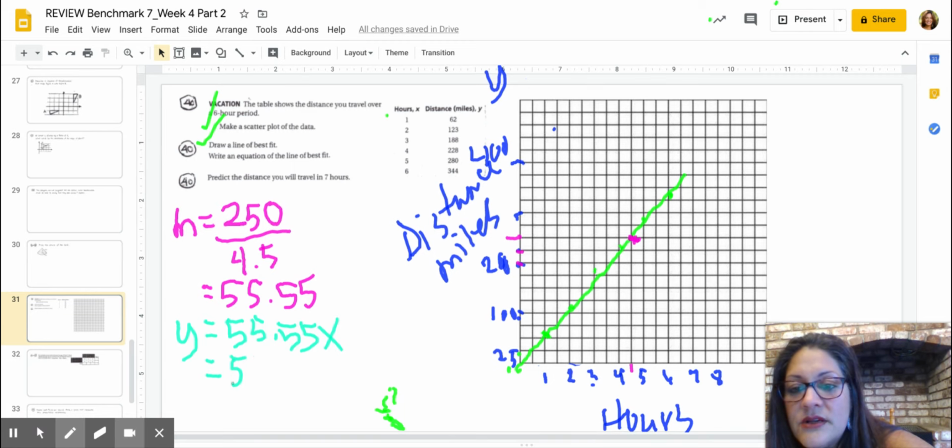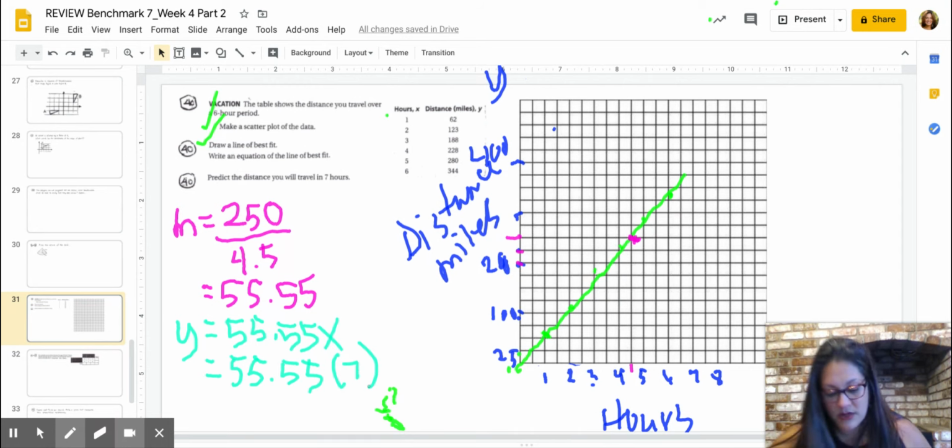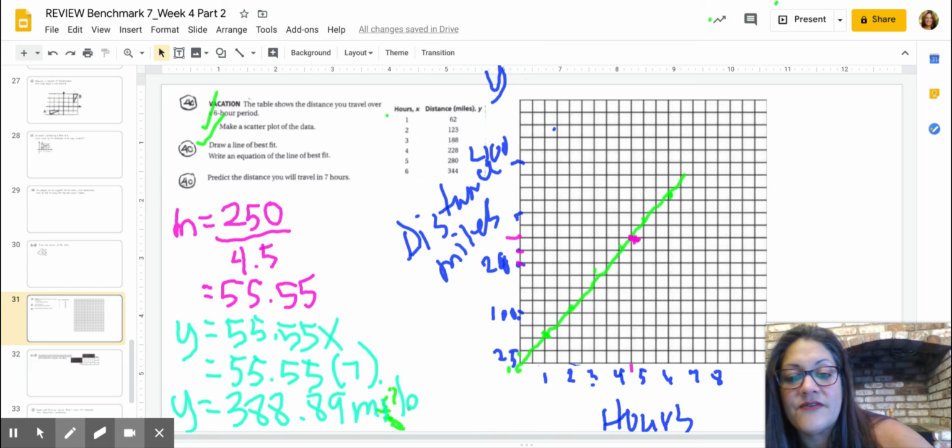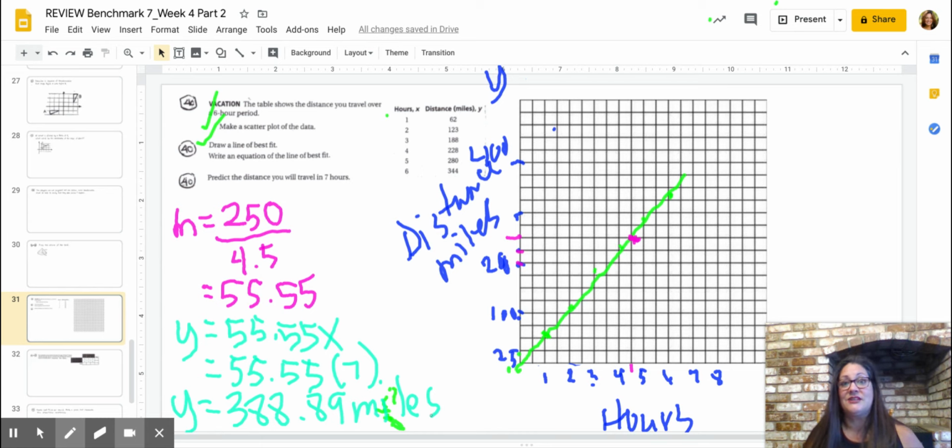So 55.55 times 7 hours, I'm going to go about 388.8 miles. I'll round that up, so my distance is going to be 388.89 miles. That's how far we should have traveled on our vacation in 7 hours. All right? Kind of fun, right?